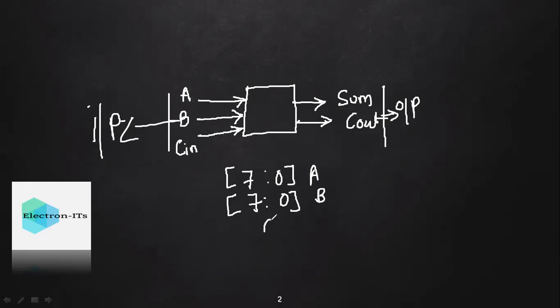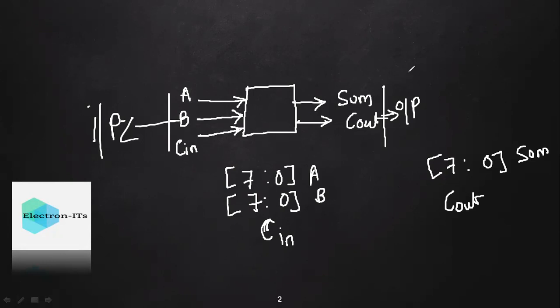It is just a 1-bit signal. Similarly, we have sum as our output signal, which is again an 8-bit signal, so [7:0] sum, and C out is again a single bit. So we just mention it as C out only. No need to represent it using numbers, right?